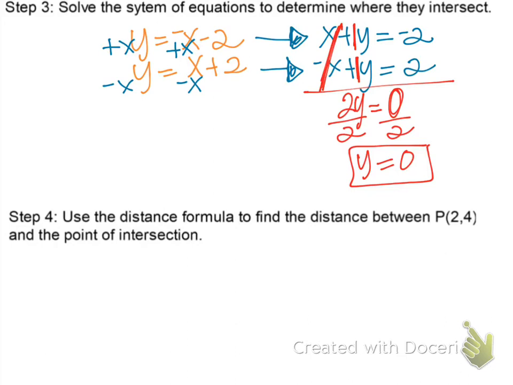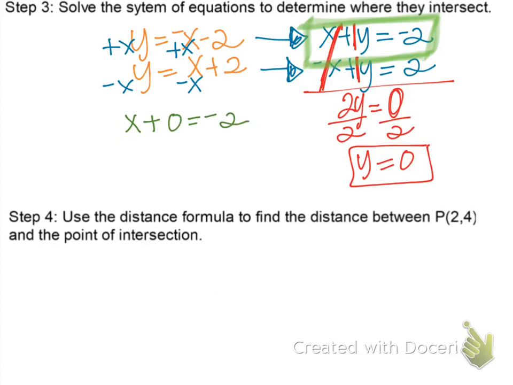So that gets me the y value. Now we need the x value. You can take that y value and plug it into any of those equations we have. We actually have 4 equations now. I'm going to choose the one I think looks the easiest, which is x plus y equals -2. So I'm just going to plug 0 in. So I have x plus 0 equals -2.